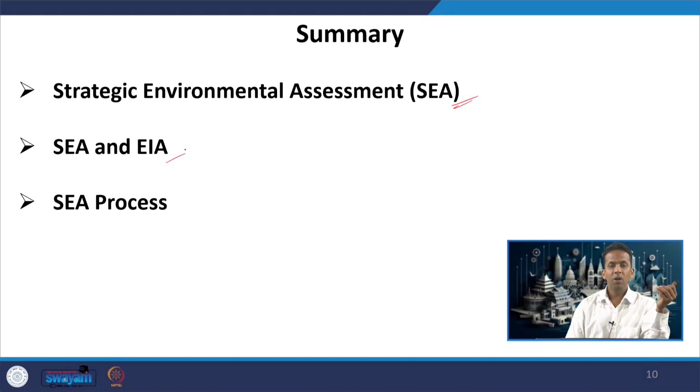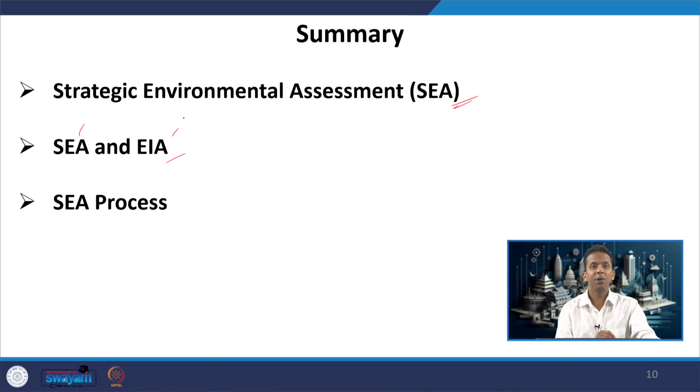And then we saw the distinguishing features of SEA and EIA, like how they are different in terms of their objective, their time frame, their scope, application, and approach, whether one is proactive and one is reactive. But both are addressed towards including the environmental component in decision making.